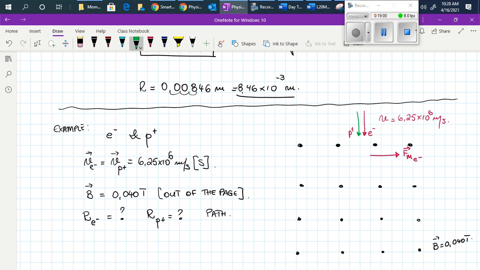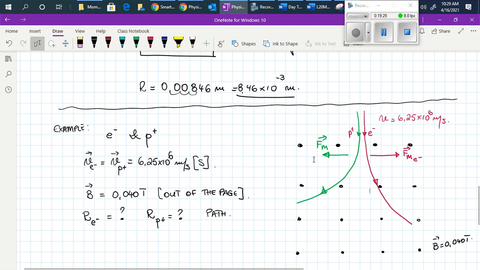The magnetic field is out of the page, so your fingers should be out of the page. And then the magnetic force will be to the west. So that is telling us that the path of the proton is this, and the path of the electron is this.